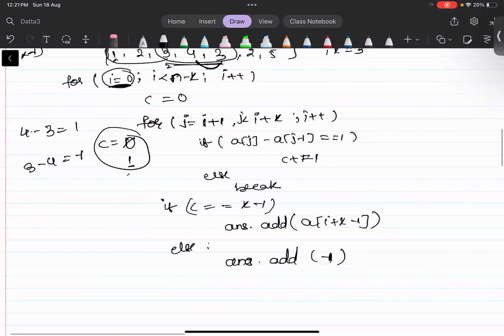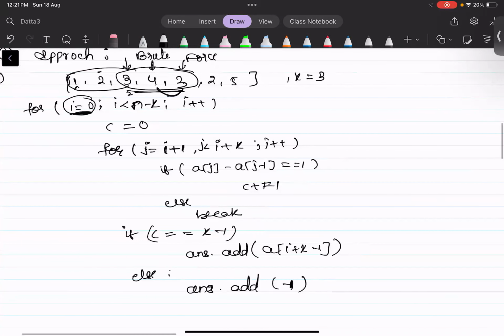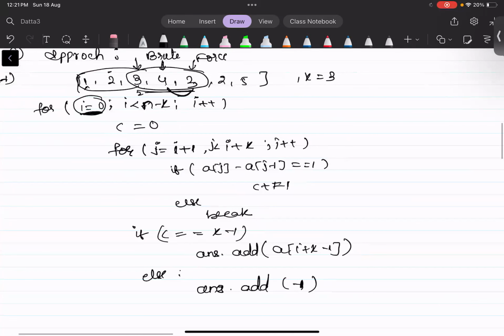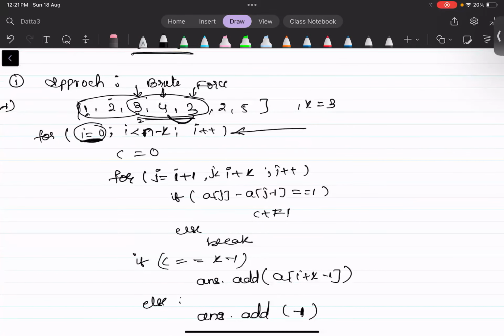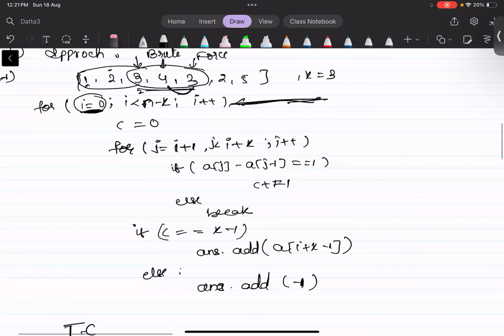1. Now, if we talk about the time complexity, I'm checking for every possible subarray starting at index i, right? So it means in the worst case, this outer loop will run n number of times, or else n minus k number of times.